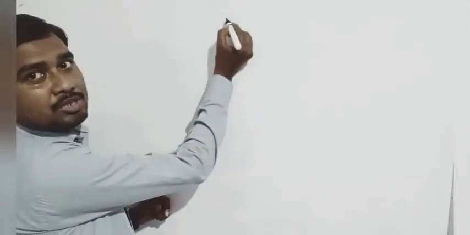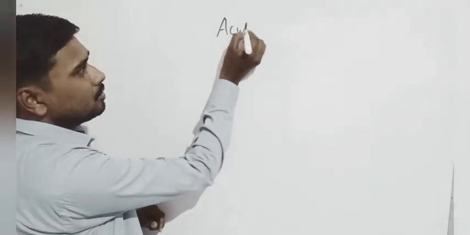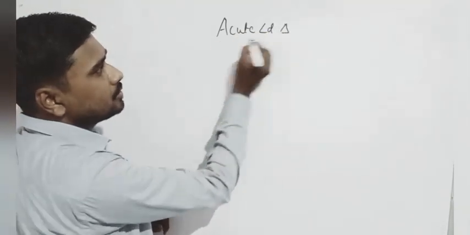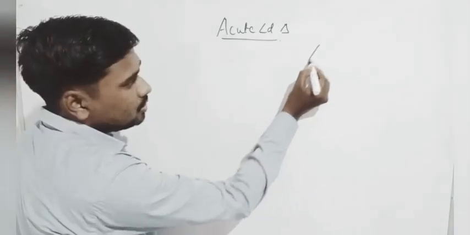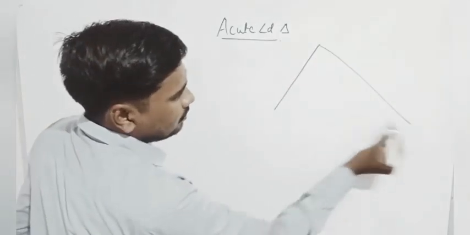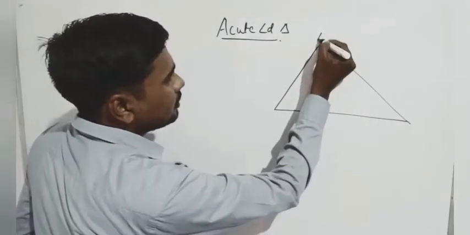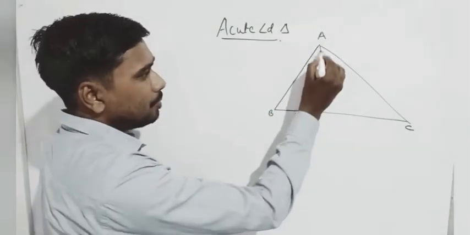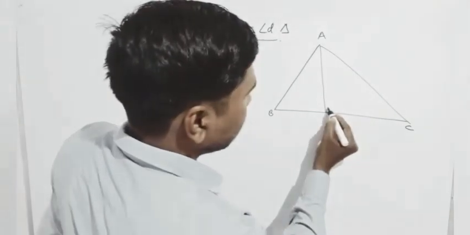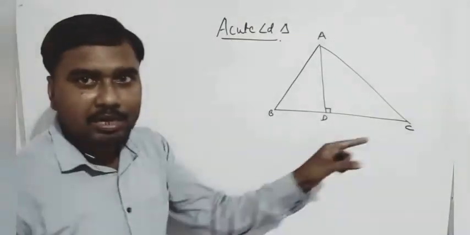Okay, so the very first concept is for acute angle triangle. What is the concept? This is an acute angle triangle ABC, and a perpendicular AD is drawn on BC.